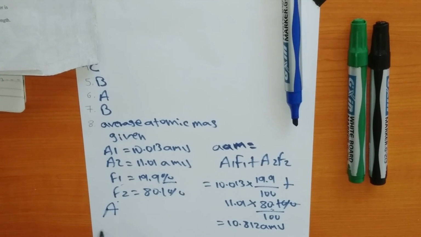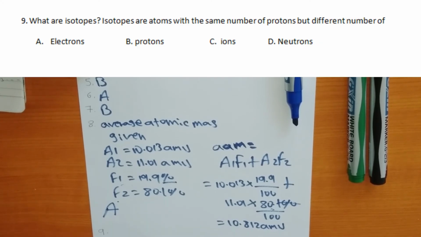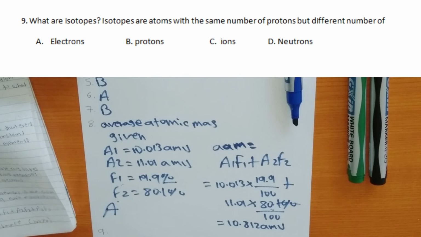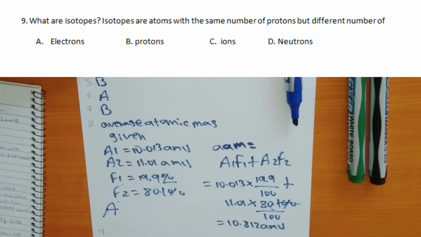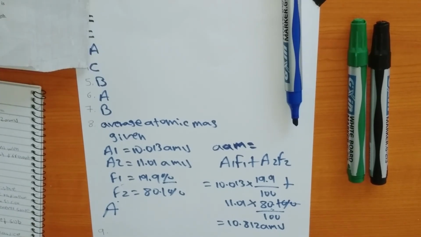Question number 9. What are isotopes? Isotopes are atoms with the same atomic number of protons but a different number of what? A. Electrons, B. Protons, C. Ions, D. Neutrons. First, let's explain. Electrons are negatively charged subatomic particles. Protons are stable subatomic particles with a positive charge.